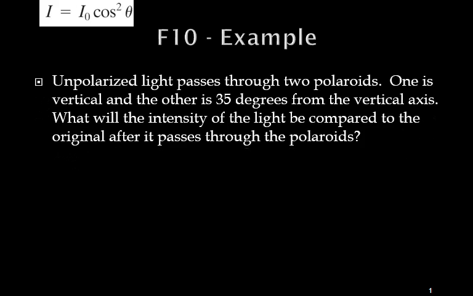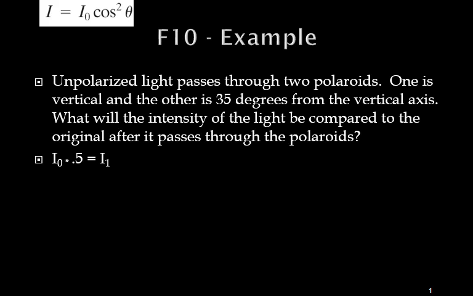Okay, so on this one, we have unpolarized light that is passing through two Polaroids, and one is vertical, the other one's 35 degrees from the vertical. And so we know that with the original light, the I0, that's the original intensity of the light, is going to be cut in half.